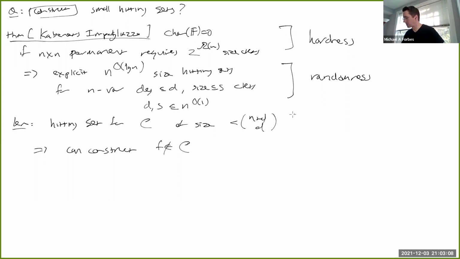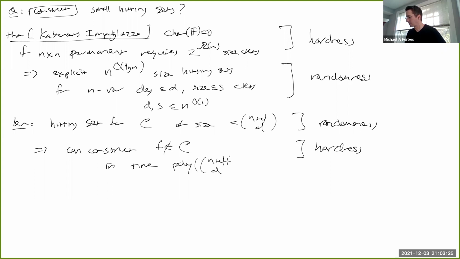Okay, and again, this first assumption is a randomness assumption, that you can de-randomize something, and then the conclusion would be a hardness. It's not saying that the permanent is necessarily hard, but it's saying that in time polynomial in n plus d choose d, that is, exponential time, we can compute something which is outside of some class that you're interested in, which is a very non-trivial result to say.